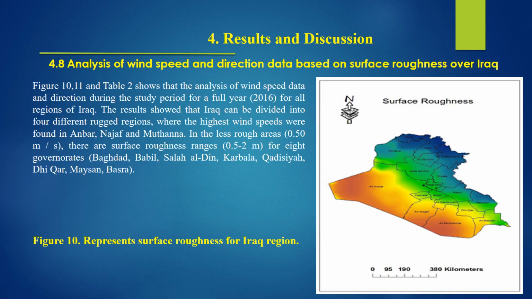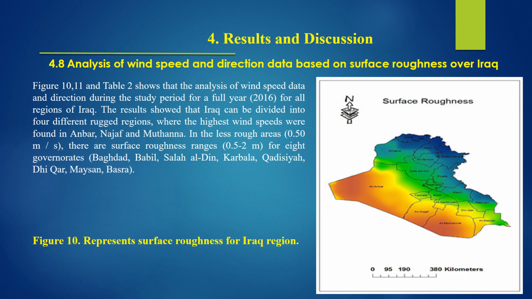Surface roughness over Iraq, as shown in figure 10, represents surface roughness for Iraq region. Iraq can be divided into 4 different rugged regions.